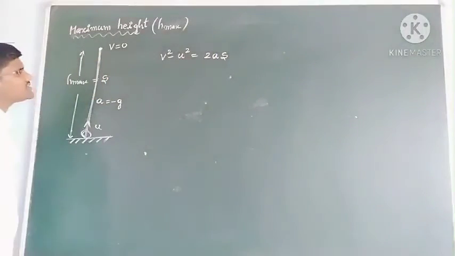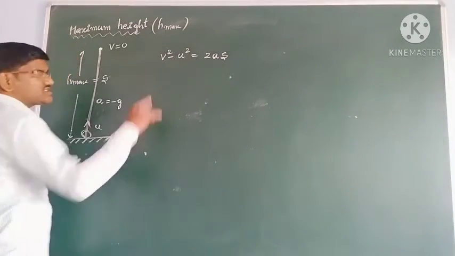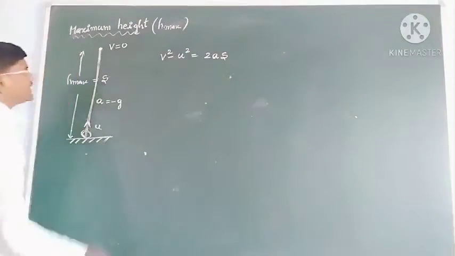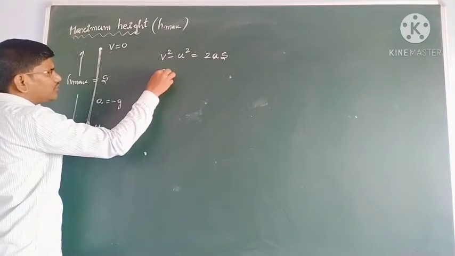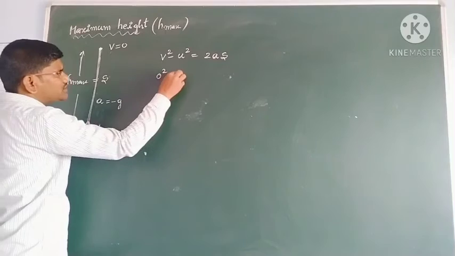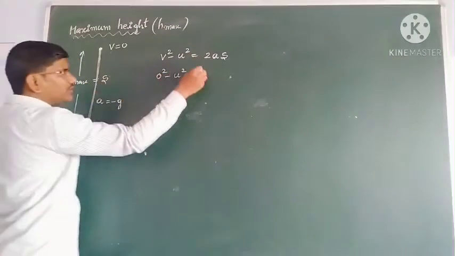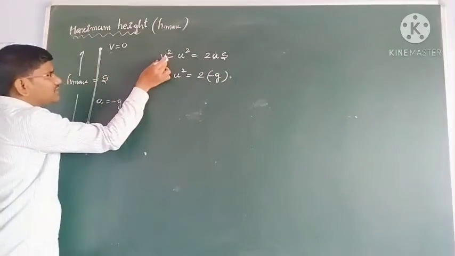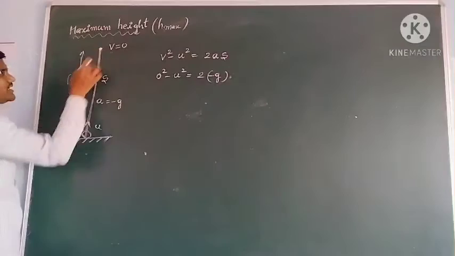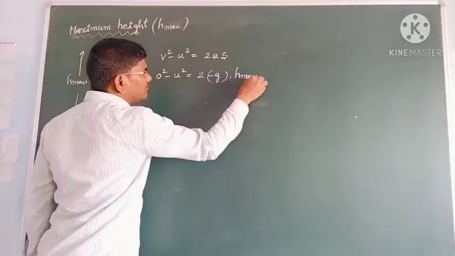For maximum height, v square is 0 and minus u square is u square only. For a vertically projected body, a is minus g, and when the final velocity becomes 0, the displacement attained is called the maximum height, so s is h maximum.